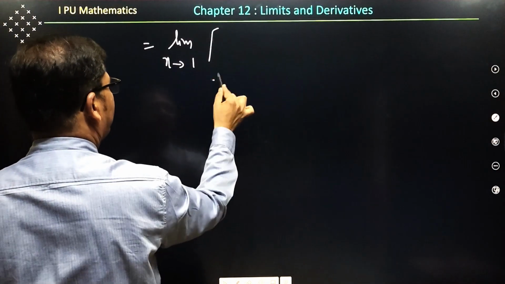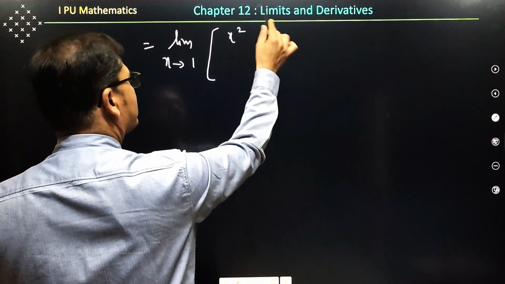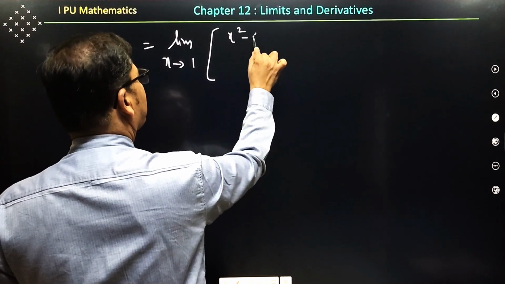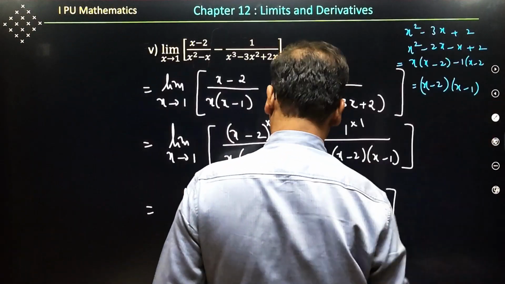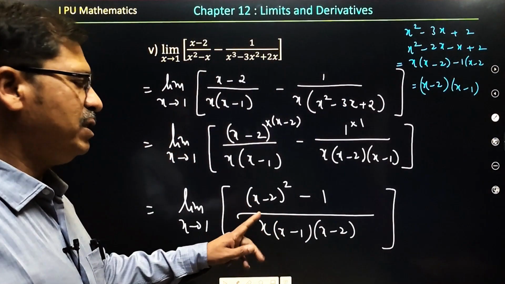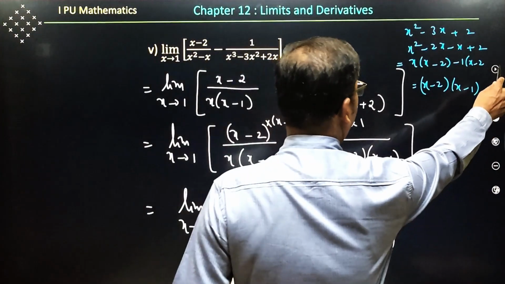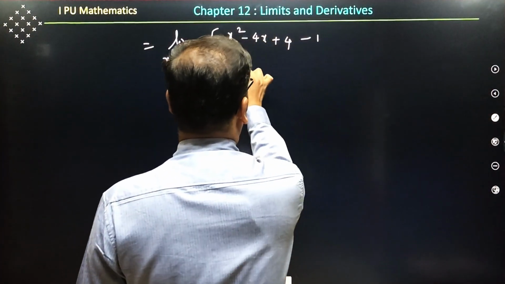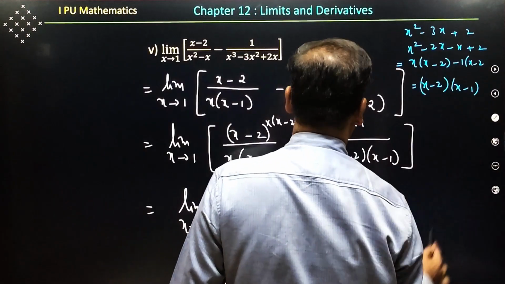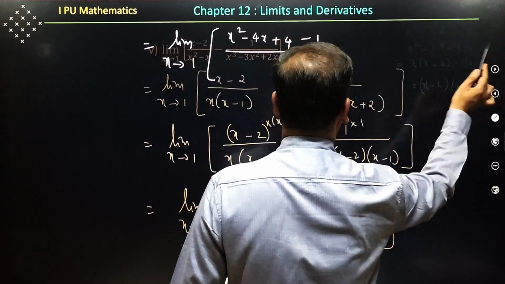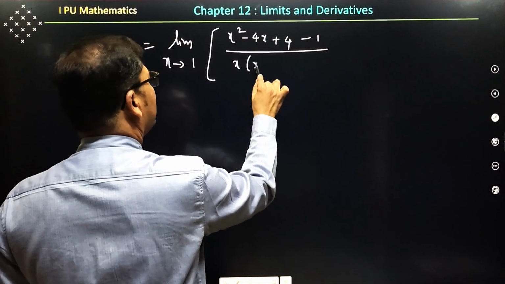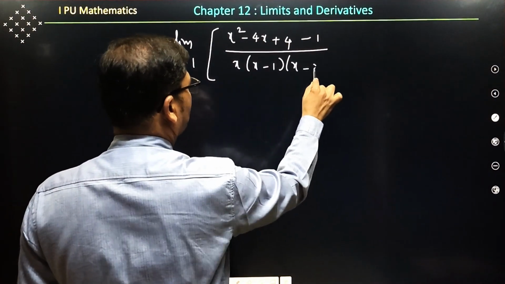Let us expand x minus 2 bracket square. x square, a square minus 2ab, minus 4x it is, plus 2 square is 4 only. See, a square minus 2ab plus b square, that is 2 square is 4. Next minus 1 is there, write minus 1 divided by x into bracket x minus 1 into x minus 2.